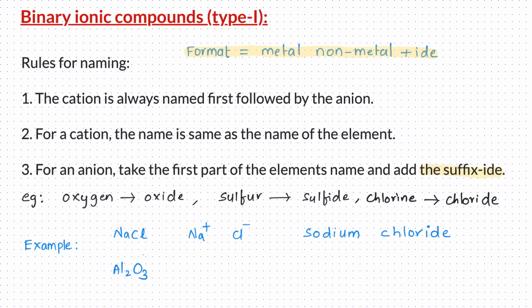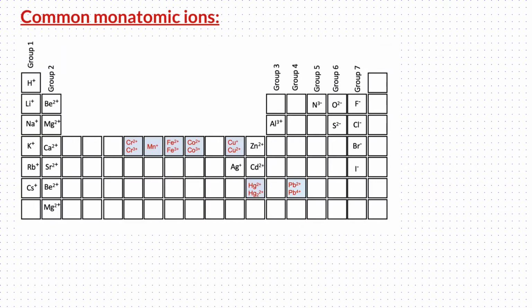Similarly, Al2O3 consists of Al3+ cations and O2- anions. Al3+ is named aluminum and O2- is named oxide. Therefore, Al2O3 is aluminum oxide. The following are some common monoatomic cations and anions we use in this course.